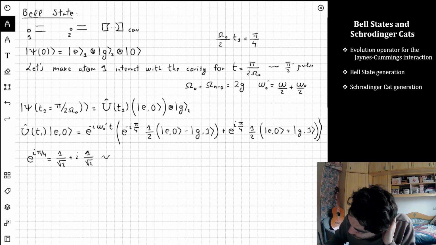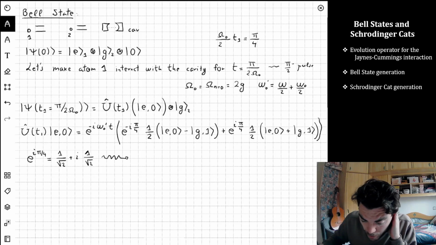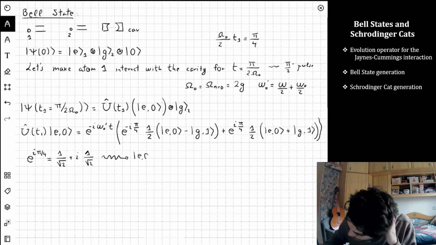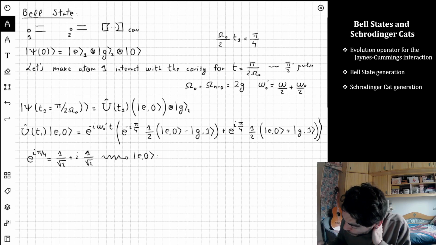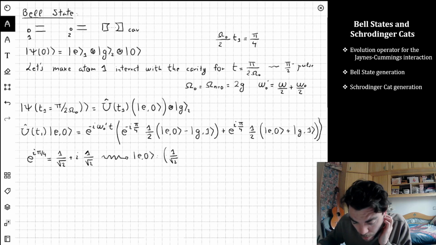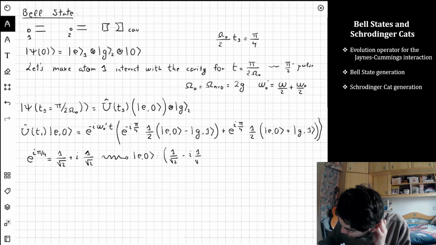So if you look at the terms that go with E0, E0 is going to multiply e to the i pi over 4, so let's say we are going to have 1 over square root 2 minus i 1 over square root 2.